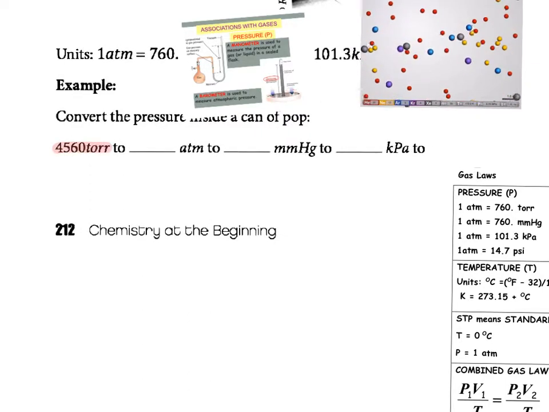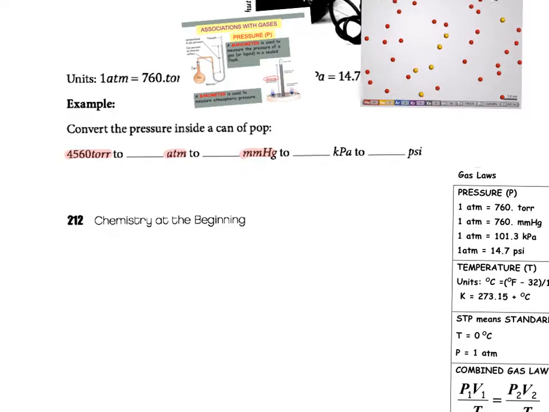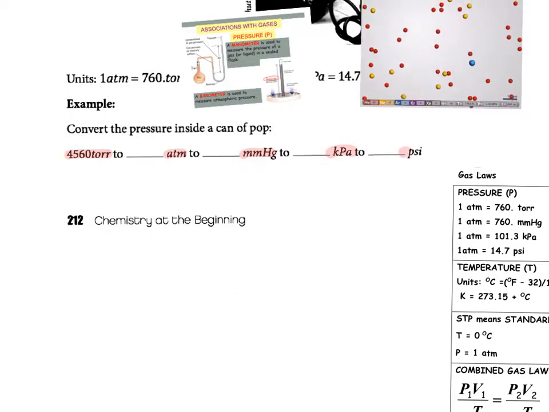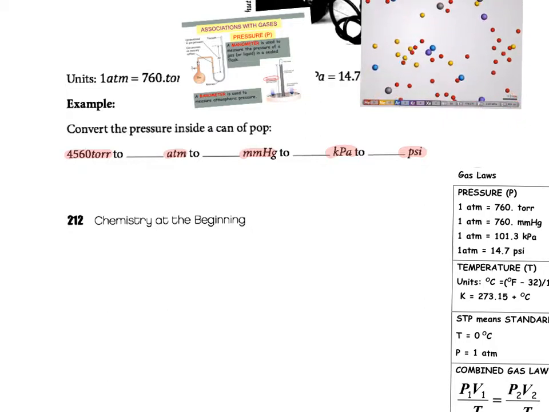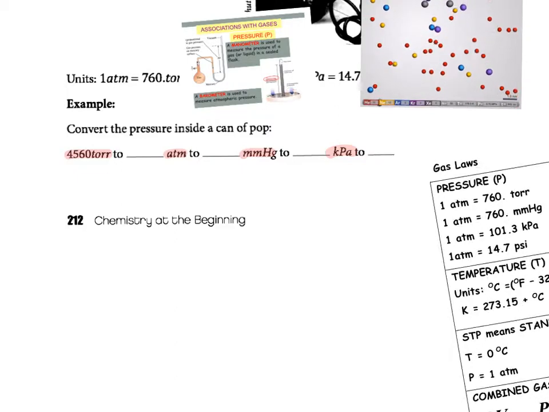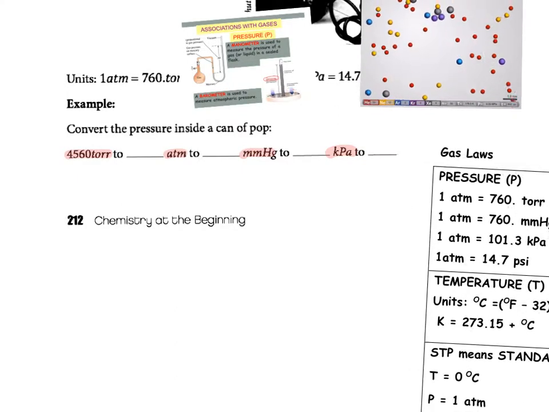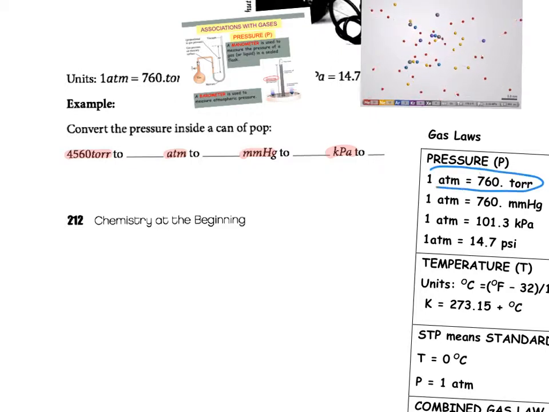We want to convert that to atmospheres, to millimeters of mercury, to kilopascal, and as you see on your page, also PSI. So let's get started with the atmosphere conversion. Of course, we're going to need that gas law unit conversion, 1 atmosphere is equal to 760 torr.